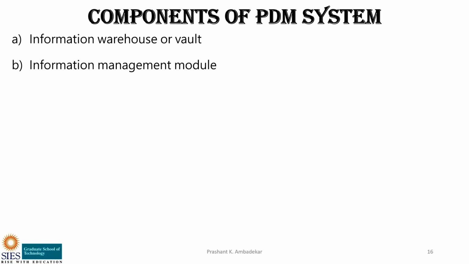It also provides the traceability of all actions taken on product data. Then user interface is the third component of PDM system. It provides a customized interface for users. It supports the users' queries, different formats, and also facilitates report generation.